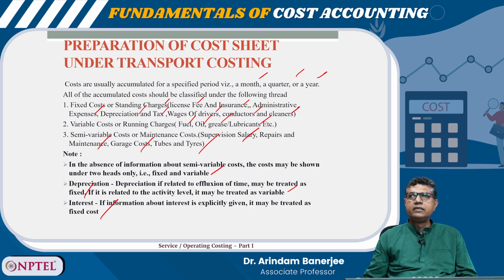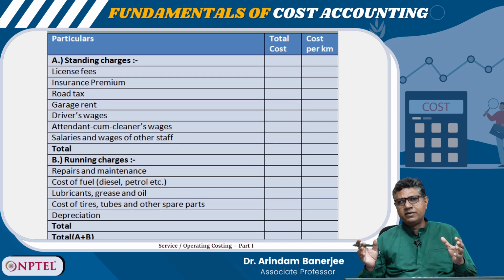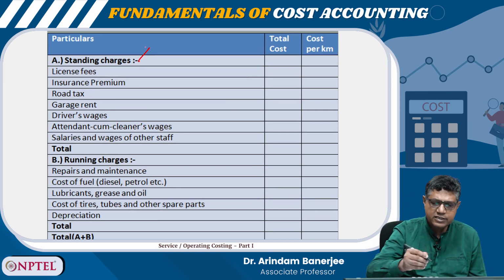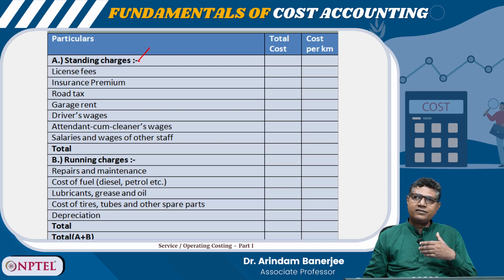Okay. So, these are the key points in the preparation of a cost sheet for a transport company. Basically, the format may look like this. These are the standing charges. Standing charges means fixed charges which will be incurred anyway, whether the vehicle moves on the road or not.